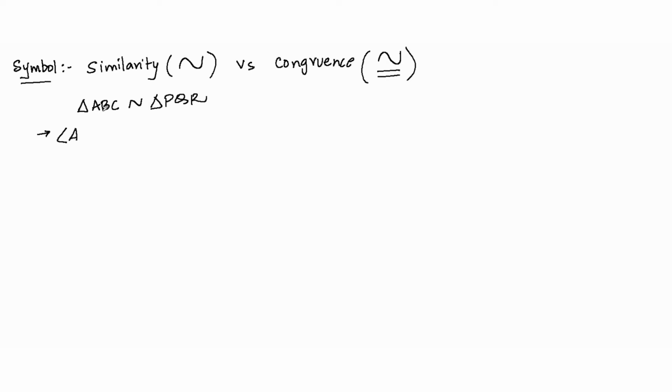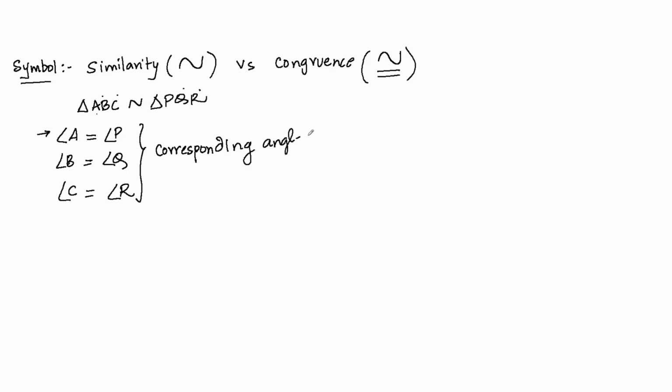Angle A, the first letter, is going to be equal to angle P. Then angle B, the second vertex, is going to be equal to angle Q. And the third vertex, angle C, is going to be equal to angle R. So I can write this as corresponding angles of similar triangles are congruent.